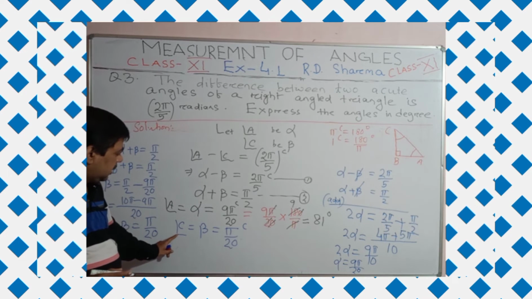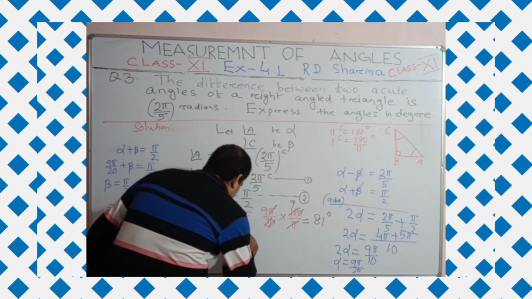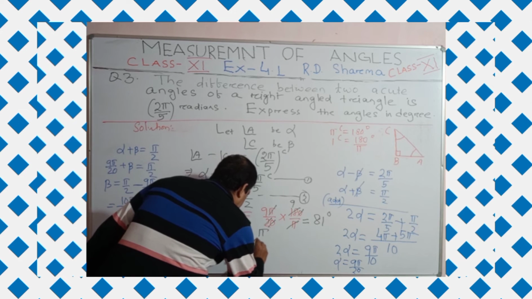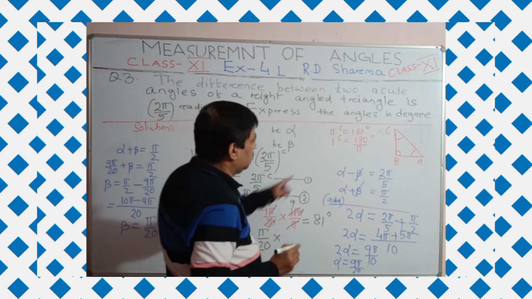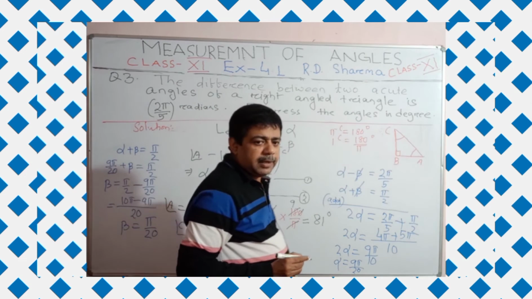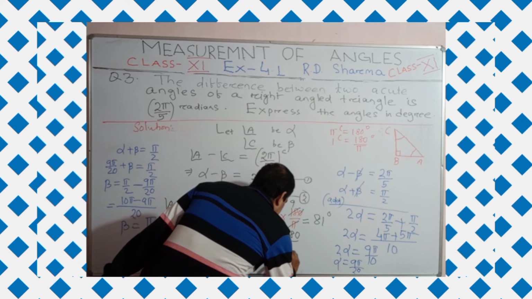Similarly, another angle C is equal to beta is equal to pi upon 20 radian. Pi upon 20 radian can be written as pi upon 20 into what? While converting radian into degree, multiply by 180 by pi. So 180 upon pi.